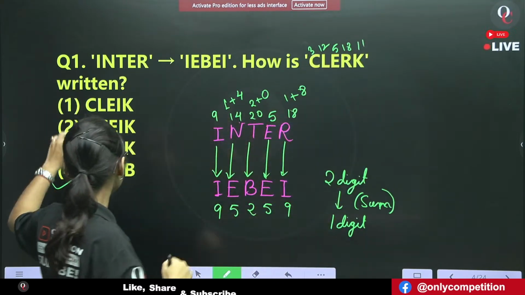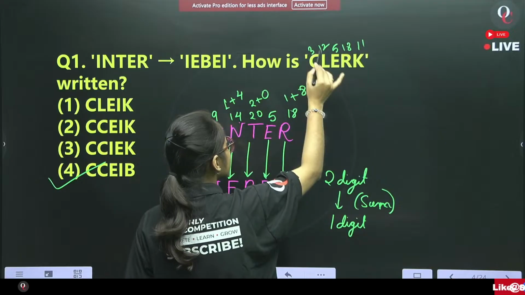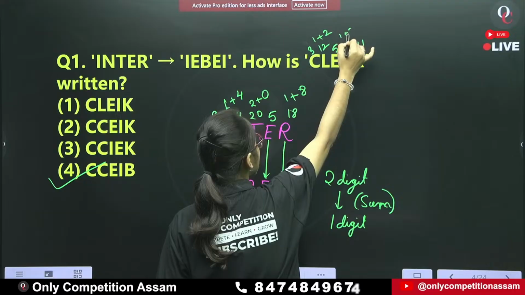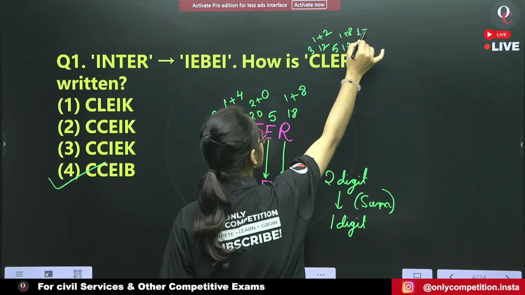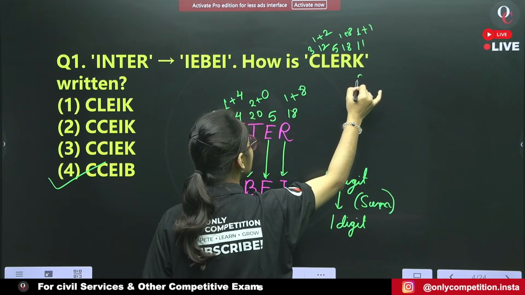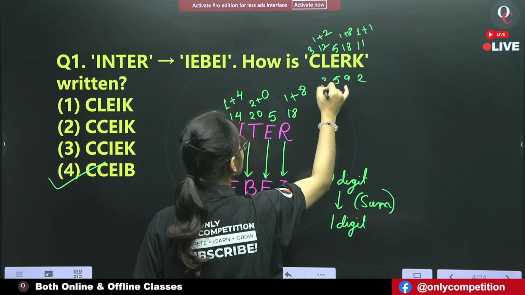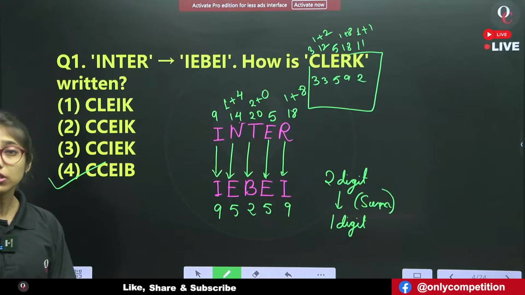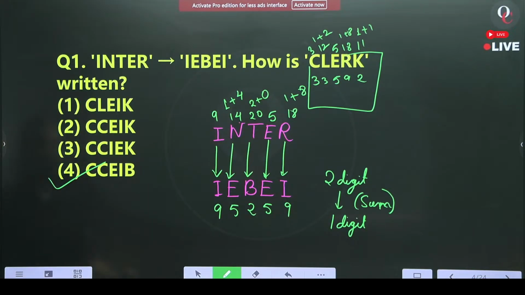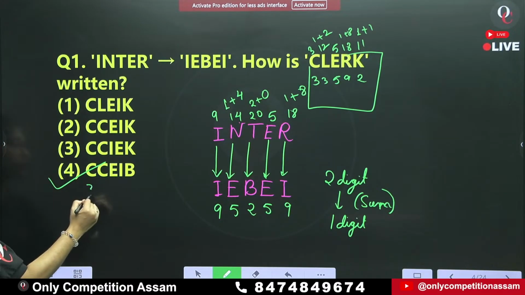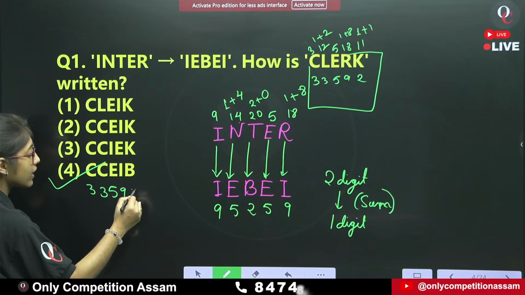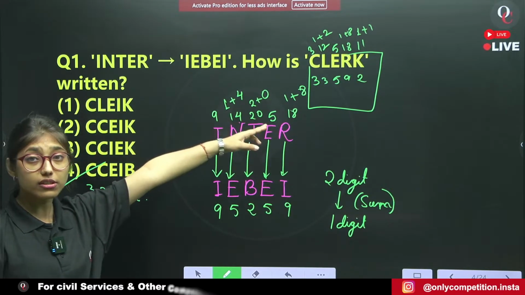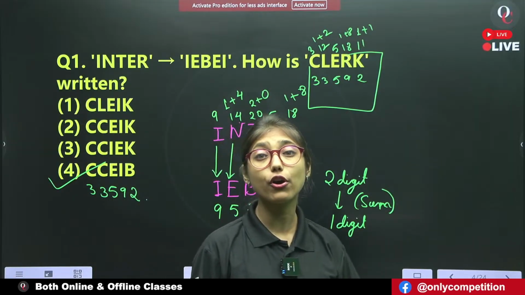For 12, 1 plus 2 is 3. 18, 1 plus 8 is 9. And 11, 1 plus 1 is 2. So we get 3, 3, 5, 9 and 2, which is option 4, the code for CLERK.